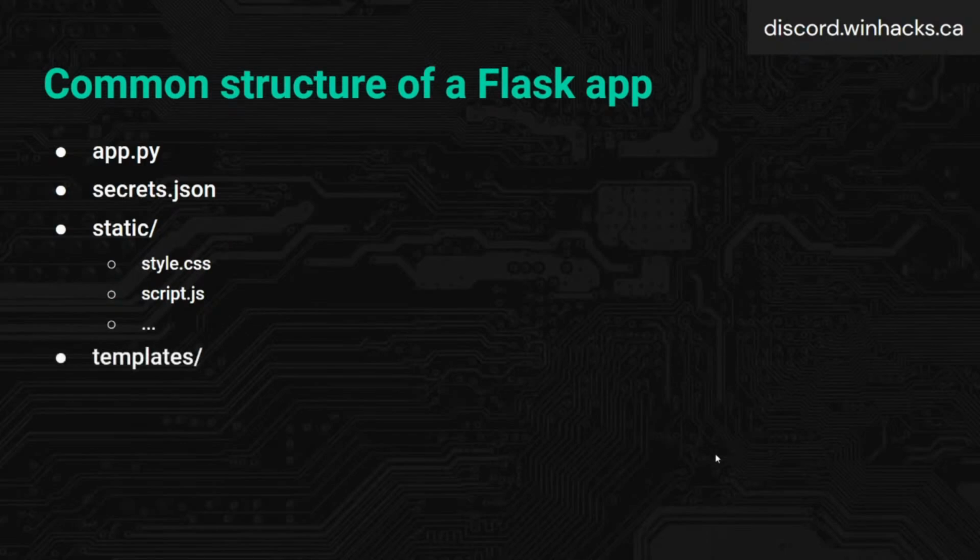And then the next folder you need to know about is templates. This is going to contain all the HTML that you want rendered by the web browser when you return it. A lot of times you'll have a layout.html or a base.html. This is something that's cool about Flask and these backend frameworks: you can have a base HTML file that contains your nav bar, your metadata, and all this cool stuff.